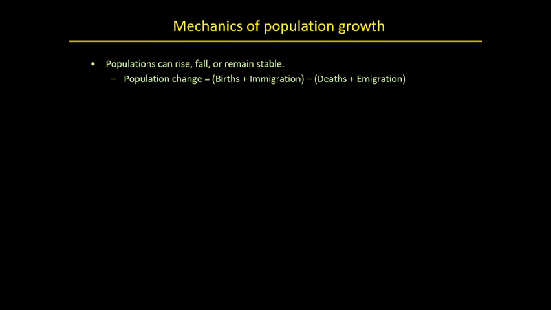Population change is a function of the number of births plus immigrants coming into a population, minus the number of deaths plus those that leave the population, or emigrants with an E. You can remember immigrants with an I are coming into the population, and emigrants leaving the population, like exiting, with an E.